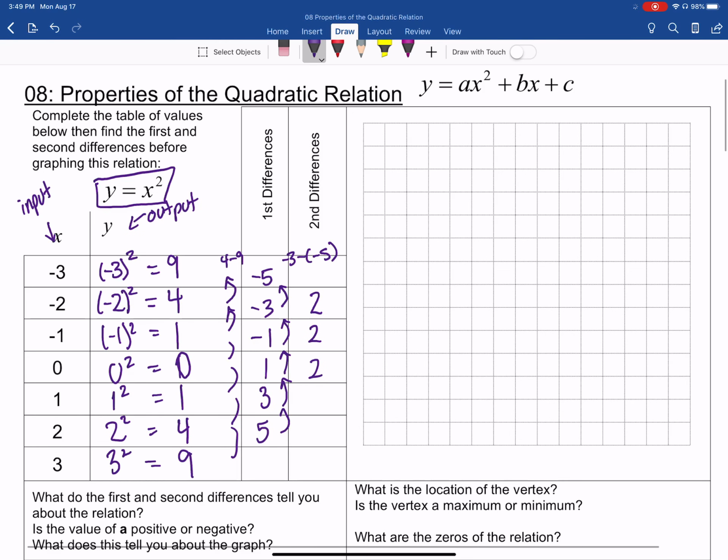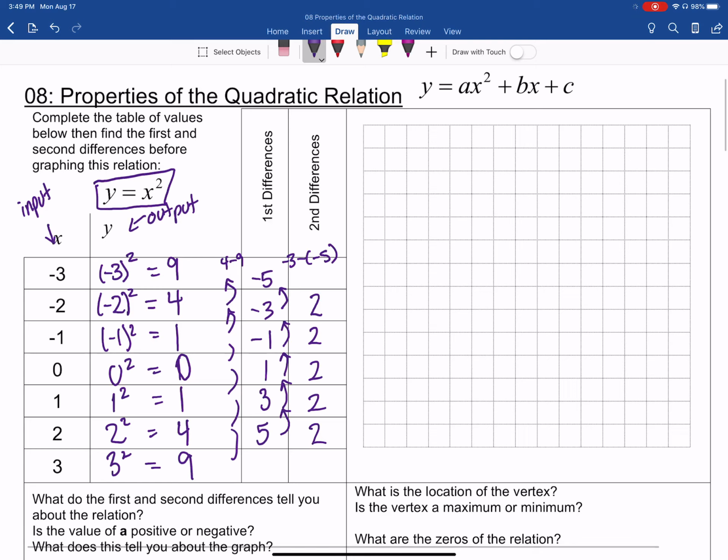So 5 take away 3. Okay? And you'll notice that they are all 2. So when all of the second differences are the same, we know that it's a quadratic relation. So that's review of grade 9 and review of last lesson.